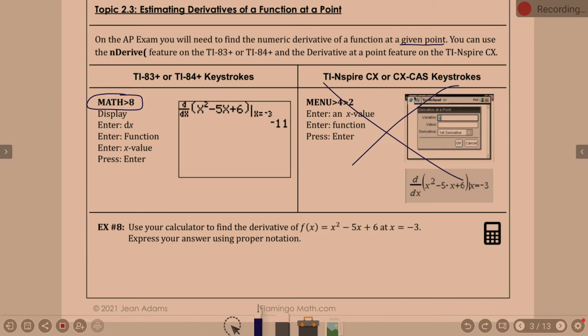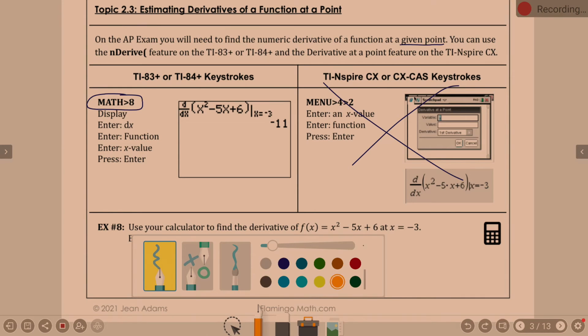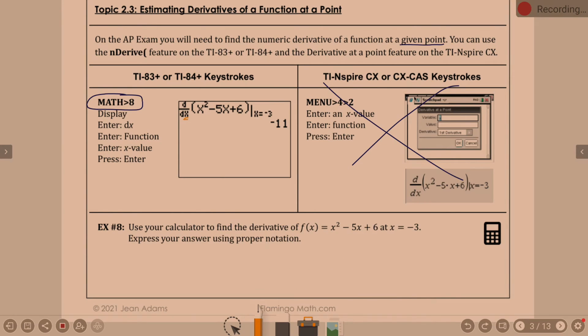So the blanks you're filling in: when it's d over d blank, you're filling in with what variable you're differentiating with respect to. Default answer, x. So you're filling in x. You fill in whatever your function is here. And then you have to fill in your x value.